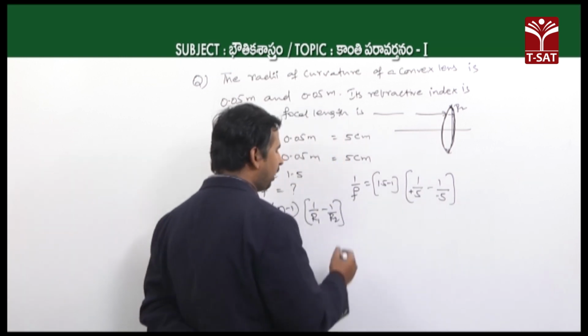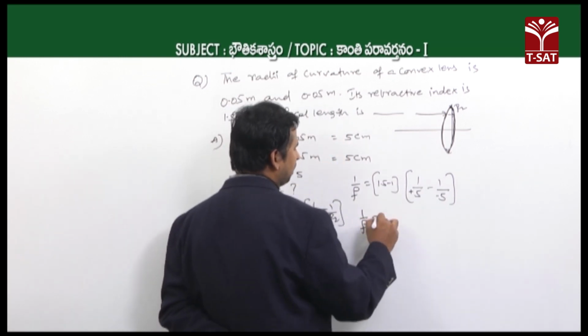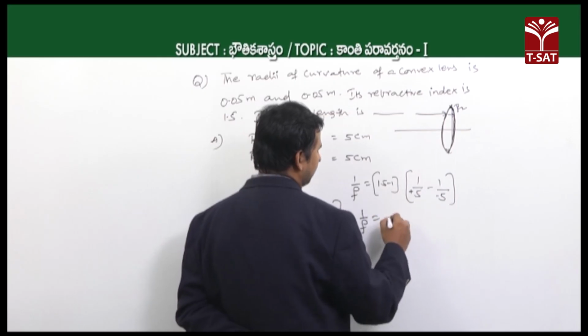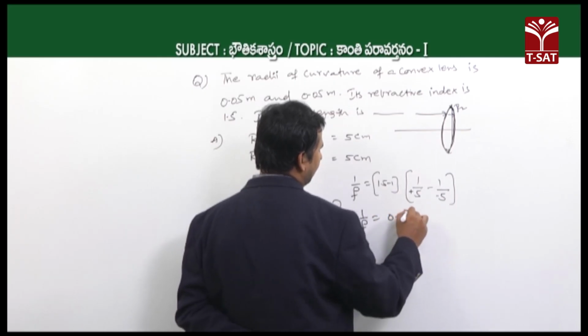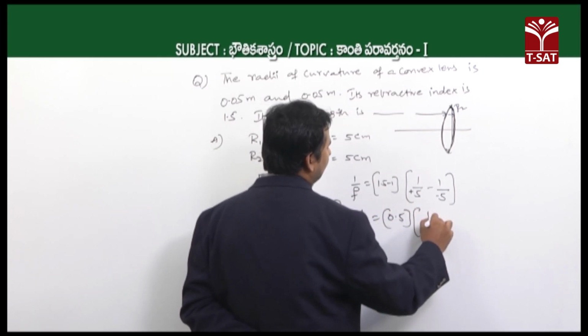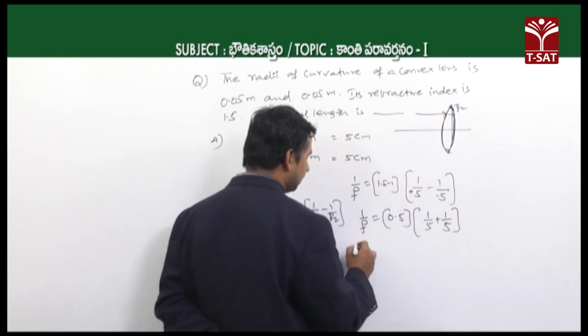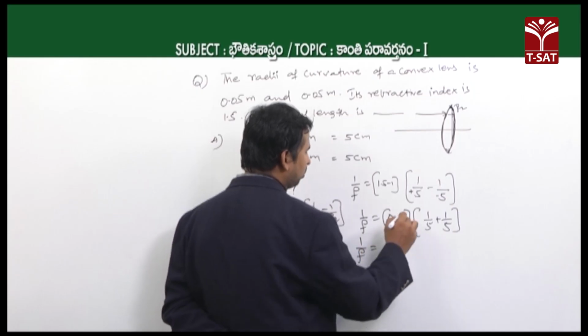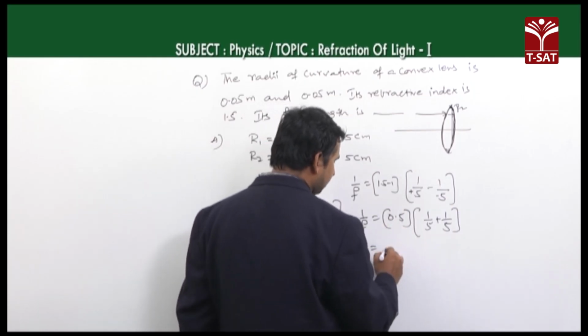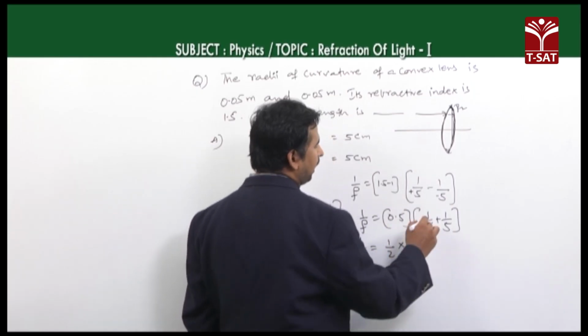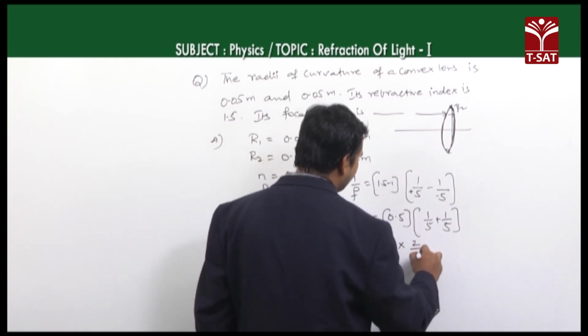Then finally it becomes 1 by f is equal to 1.5 minus 1, which is 0.5, of 1 by 5 minus of minus becomes plus 1 by 5. Then 1 by f is equal to 0.5, which is 1 by 2 you can write, and 1 by 5 plus 1 by 5 becomes 2 by 5.